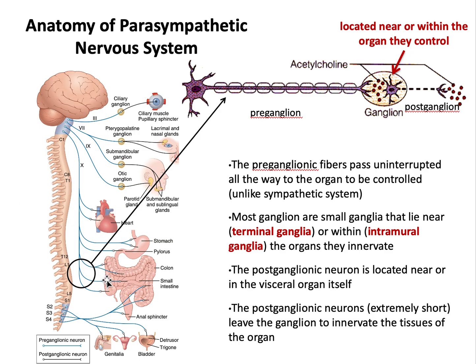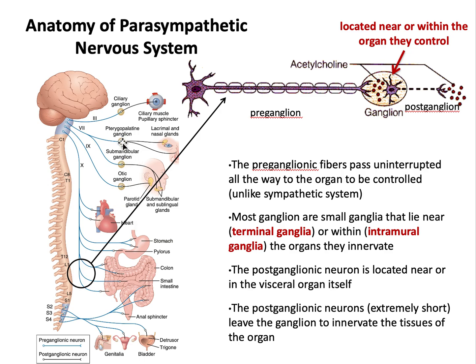Now, another thing you might notice by looking at this image is that there's no chain ganglia here. We don't have that with the parasympathetic nervous system. We have preganglionic neurons, nerve fibers that leave the cranial or sacral regions, and they still synapse in a ganglion, but there's no chain ganglion here, okay?